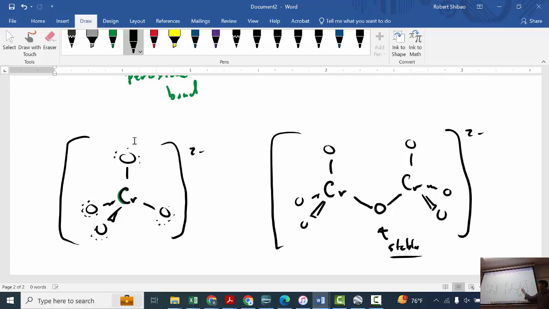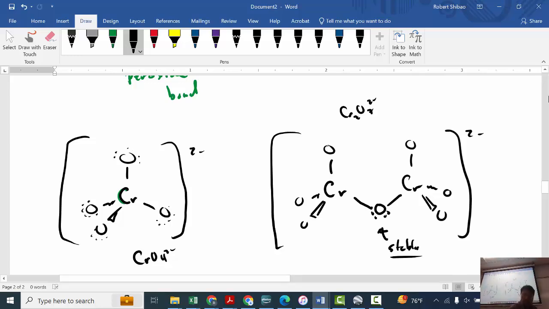But instead we get Cr2O7. We lose one of the oxygens so we can form a stable bridging oxygen, like water. You know, water is a bridging oxygen there, and not a peroxide. And so chromate is CrO4 2 minus. Dichromate is Cr2O7 2 minus. Not quite two chromates. It's two chromates minus one oxygen.